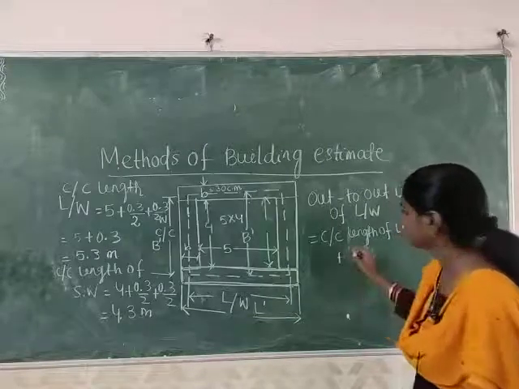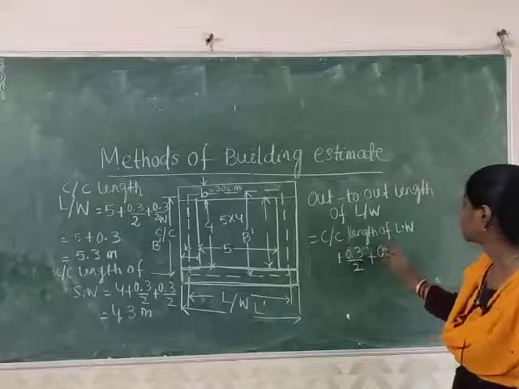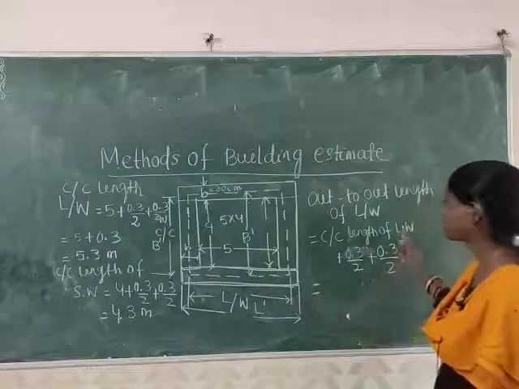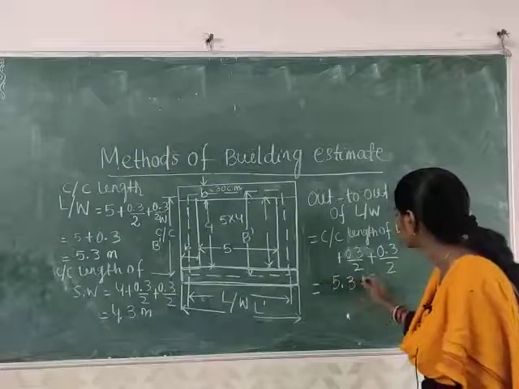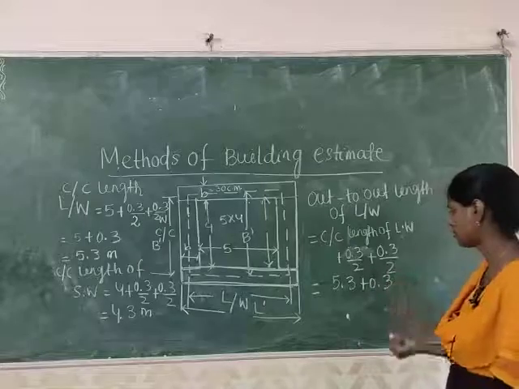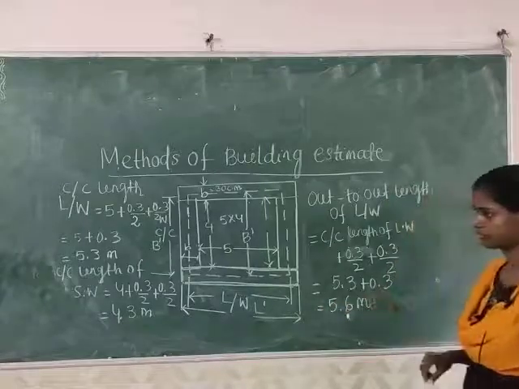Half of the breadth on one side is 0.3 by 2, and similarly for the other side it is 0.3 by 2. The center to center length we have already calculated, that is 5.3 plus 0.3 by 2 plus 0.3 by 2, again plus 0.3, and it will be 5.6 meter.